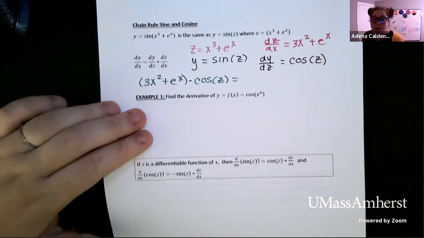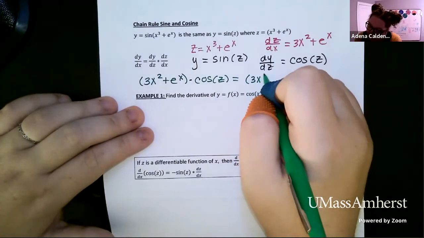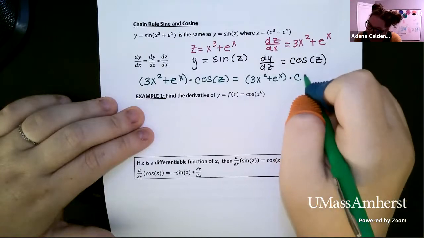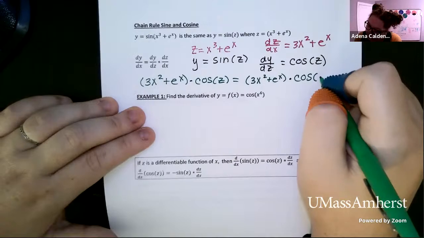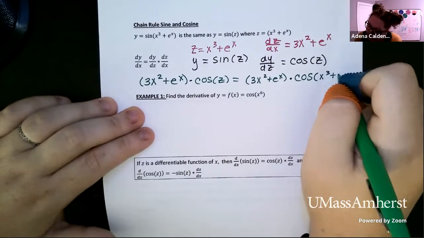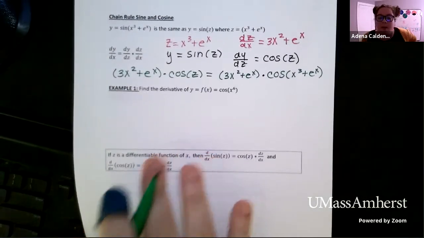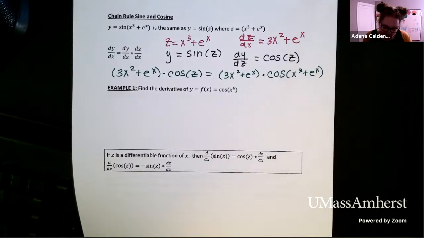But as always, I don't want a z in my final answer. So I substitute back in for z, which here was x cubed plus e to the x. So my derivative looks like this. And something I want to point out here that will be consistent throughout our work.